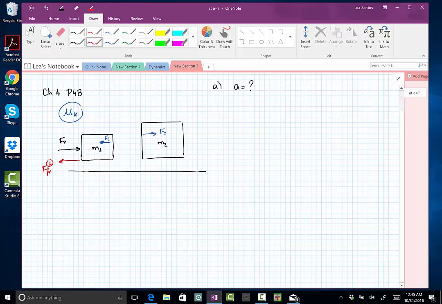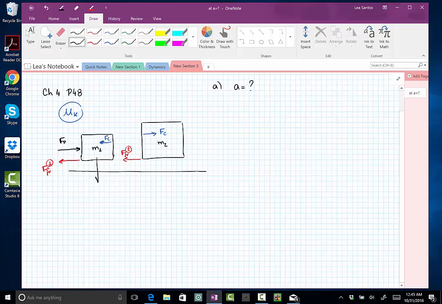I'll call it friction 1 because this is the friction force with respect to box 1. How about box 2? Well, in addition to that force of contact with box 1, this one also has friction. To differentiate from box 1, I'll call it force of friction of box 2. So these are all the forces along the x direction. How about the forces in the y direction? Both boxes have weight.